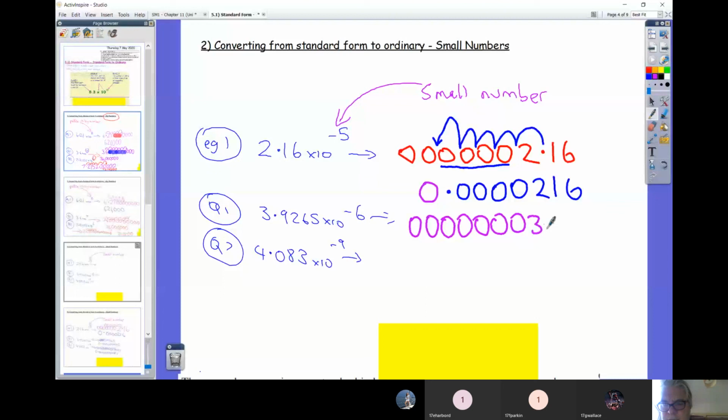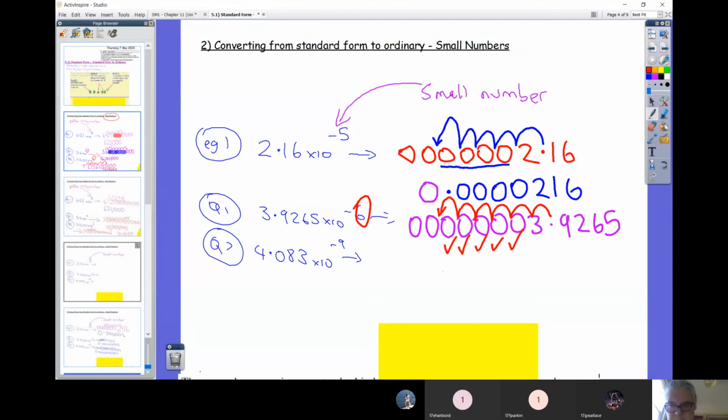3.9265. And on this occasion, I'm going to have to bunny hop 6 times. So 1, 2, 3, 4, 5, 6. So this answer is going to have 1, 2, 3, 4, 5 zeros after the decimal point.